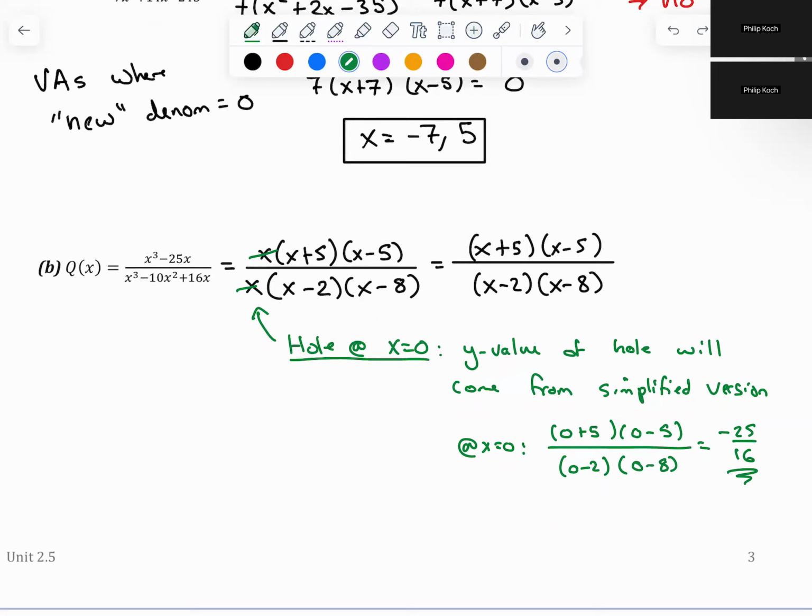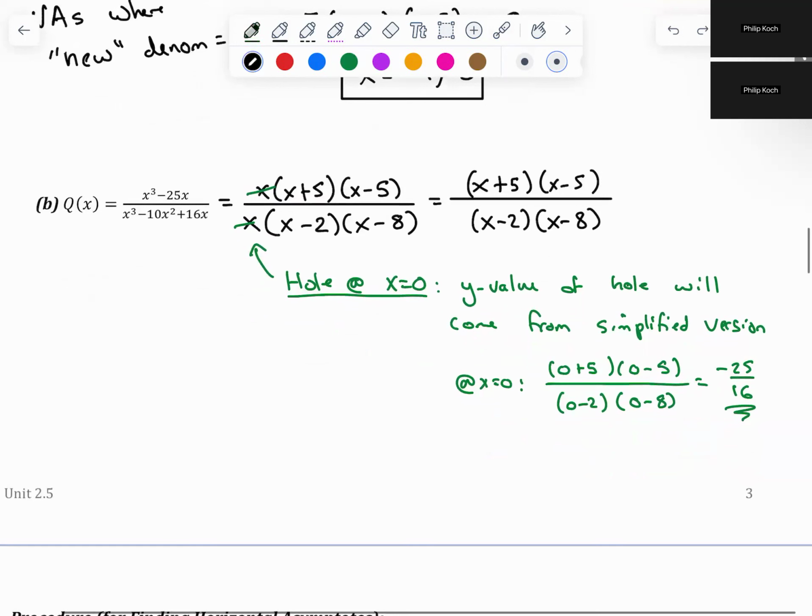Because the x value got completely canceled out, there's going to be a hole at x equals 0, where that factor equals 0, but it's just x, so it's x equals 0. And then to find the corresponding y value, we'll plug it into the simplified version to find out where it should be. Because those two functions are equal to each other everywhere, the simplified version should tell us where every value should be, including the one where it doesn't exist.